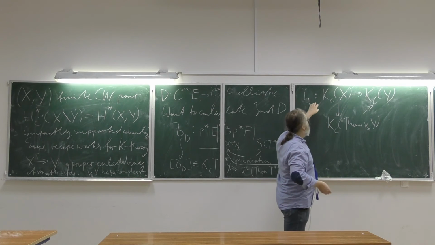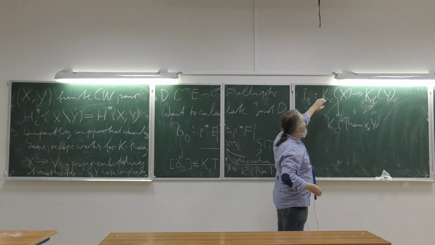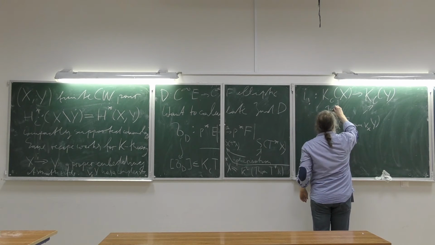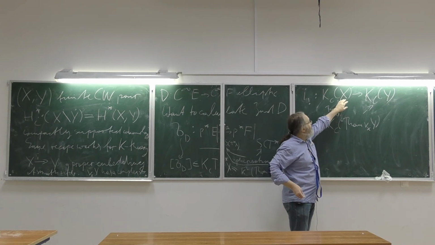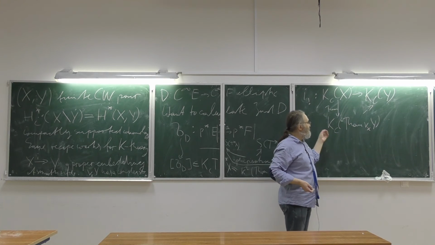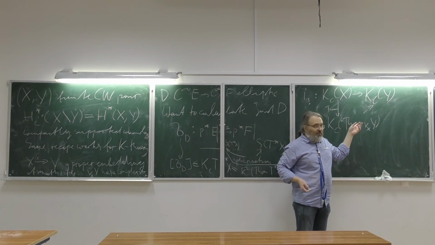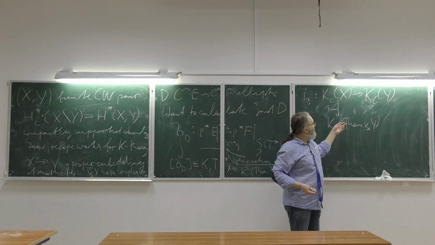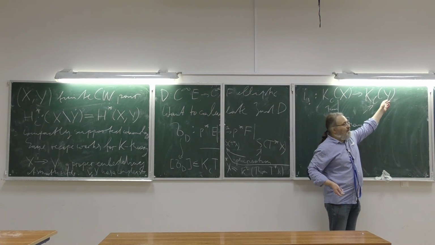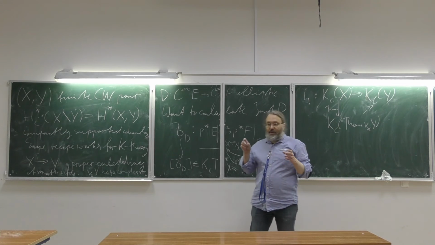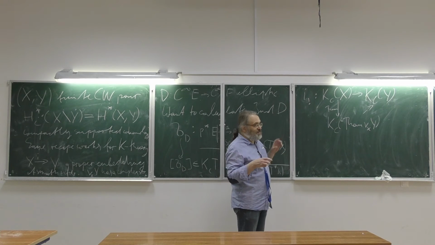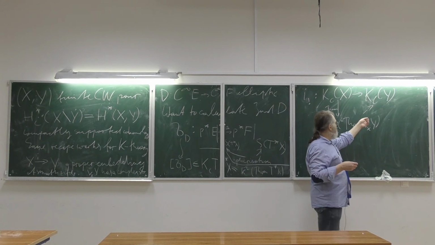Then we have the I shriek map, which is as follows. First, we go from the K-theory of X to the K-theory of the Thom space via the Thom isomorphism. Then let me take Y. Y contains a small neighborhood of X. Let me collapse the boundary of the small neighborhood.